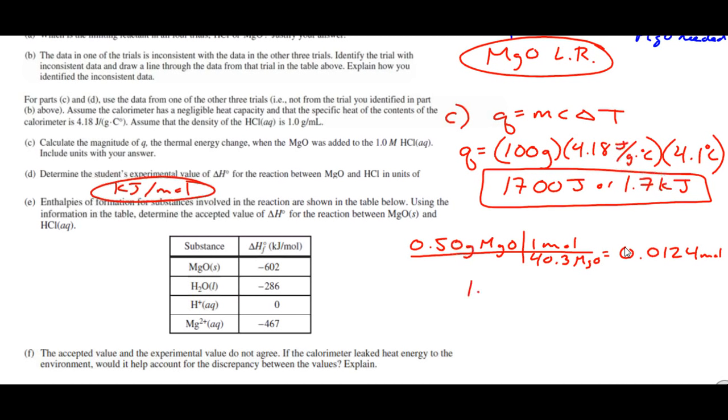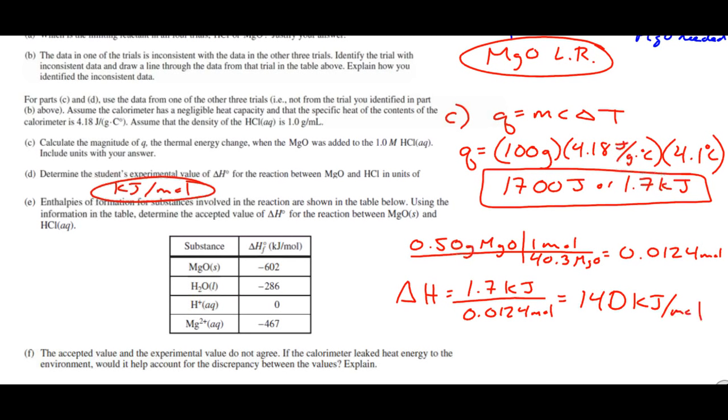So I'm going to take enthalpy is equal to 1.7 kilojoules over the amount of stuff, the amount of moles I have of my compound. And I get a final answer of 140 kilojoules per mole.